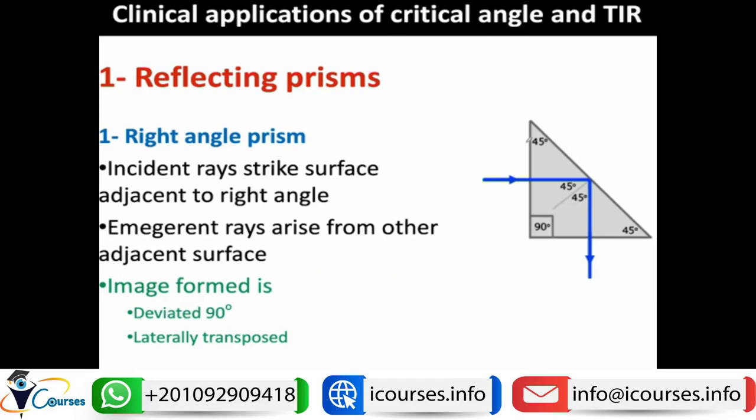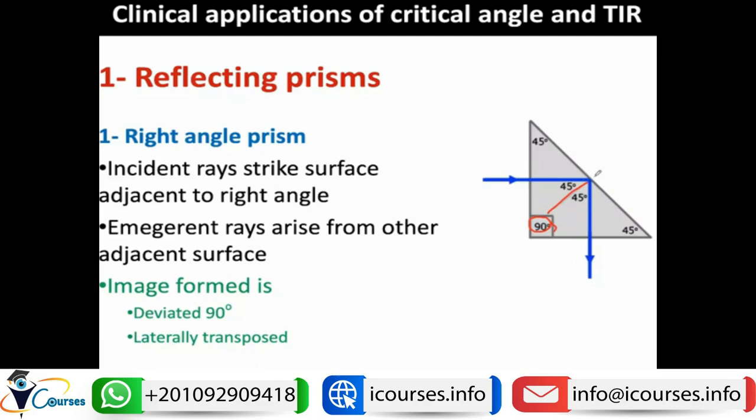One of them is called the right-angled prism. So we have here the right-angled prism. It is right-angled, so it has a 90 degree angle, and the other two angles will be equal, 45. If a light ray strikes the surface that is adjacent to the 90 degrees, making an angle of 45 degrees with the normal, then this light will undergo total internal reflection.